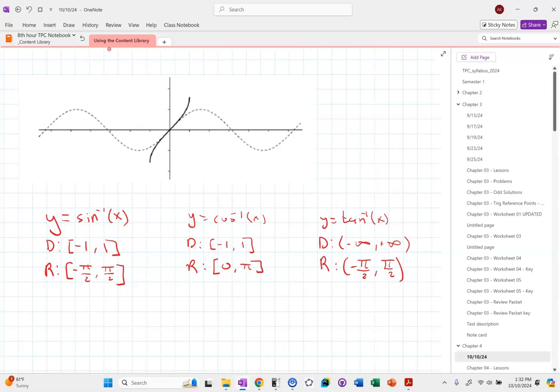So remind me again, we've written down some domains and ranges here using interval notation. Some of those domains and ranges have brackets around them, some have parentheses. Remind me again, what's the difference between using a bracket and using a parenthesis?